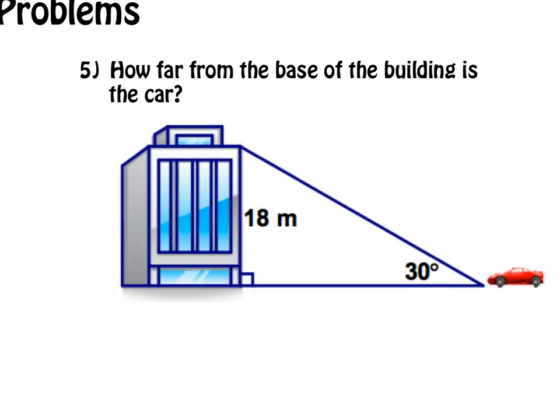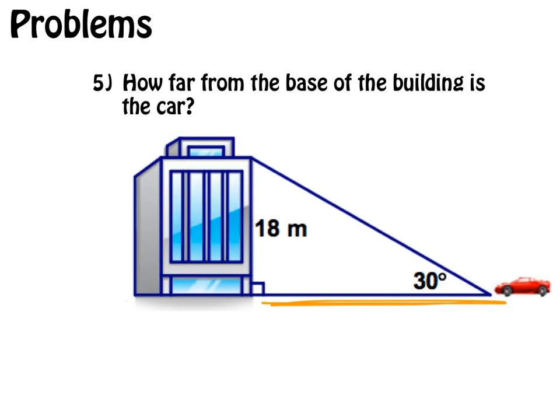How far from the base of the building is the car? So they want me to solve for this side down here, that orange side. First things first, label your sides using the blueprint at the top of your page. The side across from 30 is x. The side across from the 90-degree angle is 2x.